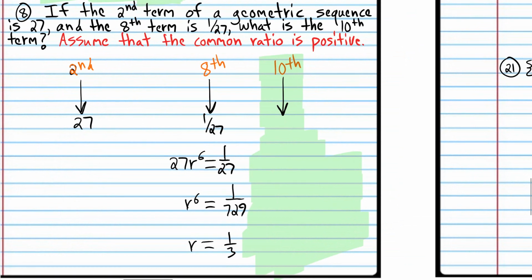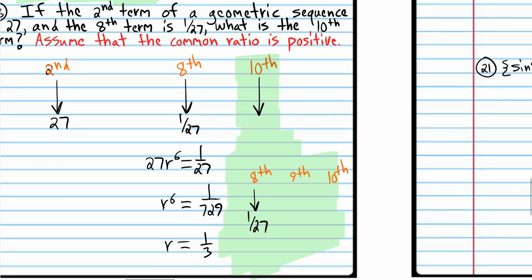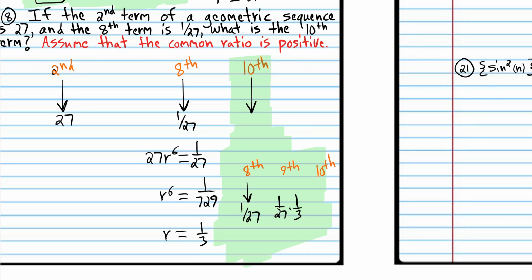So we can start with the 8th, and the 8th is 1 over 27. And then we're going to multiply that by 1/3 to get to the 9th.